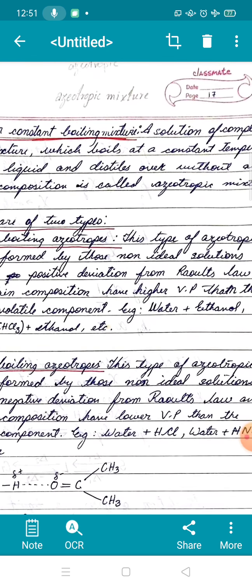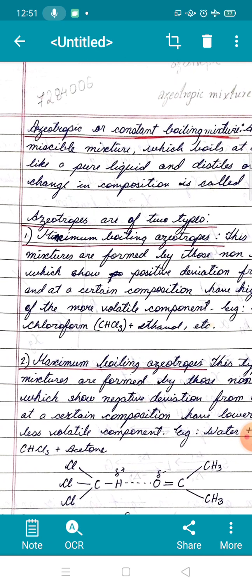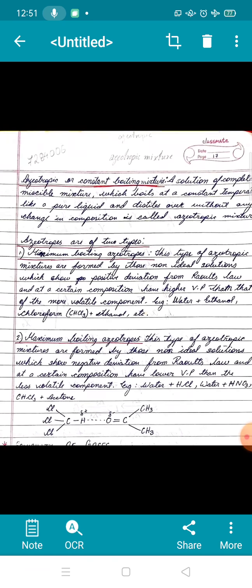Azeotropes are also called constant boiling mixtures. That means if you have two components A and B, solutions are mixtures, and the quality of mixtures is that you can separate them. Now if I take water and say alcohol, how can I separate them? Both are liquid.